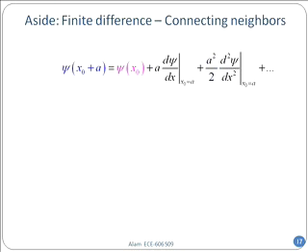Let's say x naught is the third node point. x naught plus a is the fourth node point, and I could easily expand the solution, because it's a continuous curve, in terms of the third node point, and you know the Taylor series expansion. The first derivative multiplied by a, the second derivative multiplied by a squared over 2. a is the lattice spacing, or I have sometimes used p. So it's the same thing.